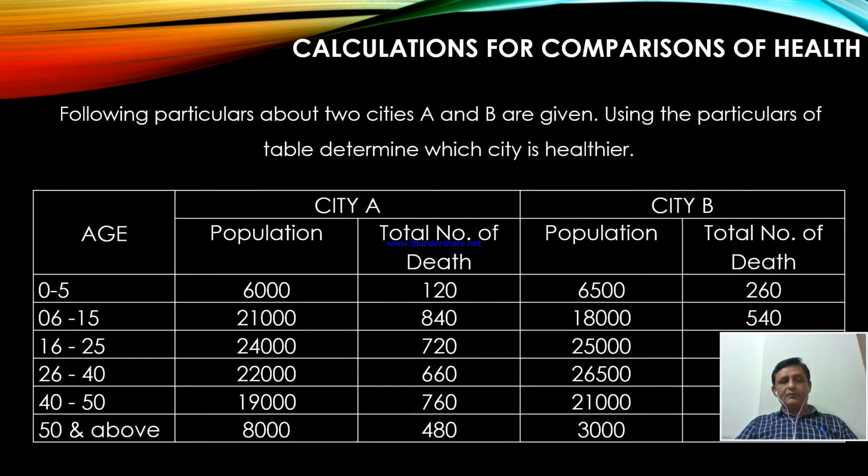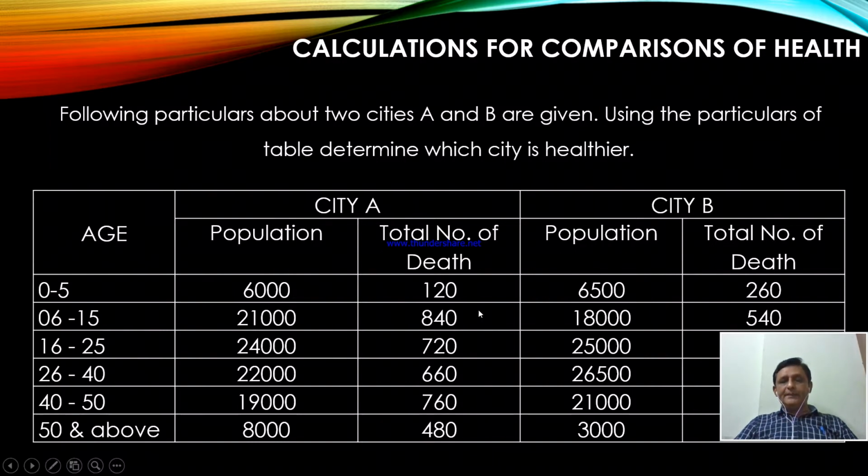Similarly, for the second age group 6 to 15, total population in city A is 21,000 and total number of deaths is 840. Similarly, we can check this for 16 to 25, 26 to 40, 40 to 50 and 50 and above. For the last age group, 50 and above, 8,000 people are living in city A, and out of them 480 is the total deaths in city A.